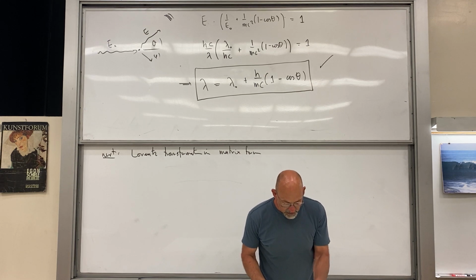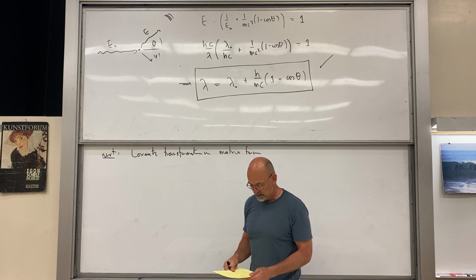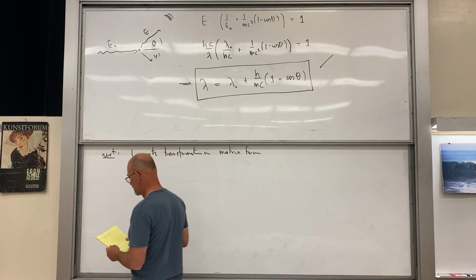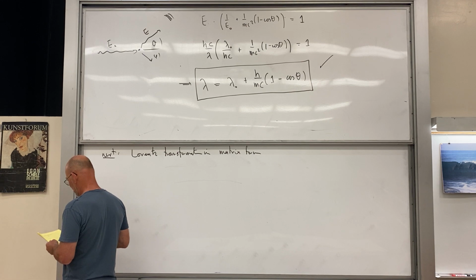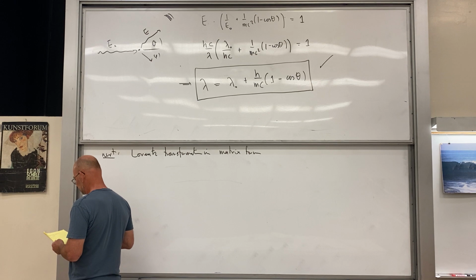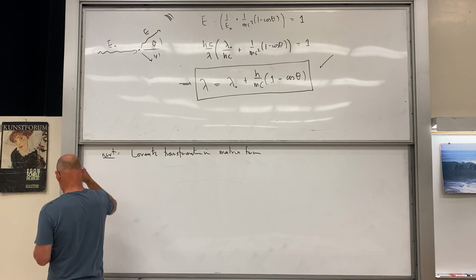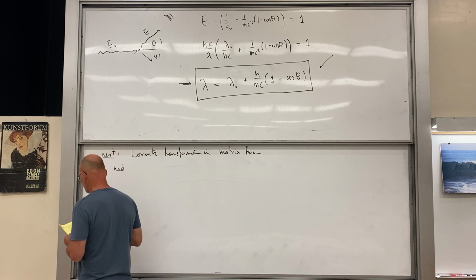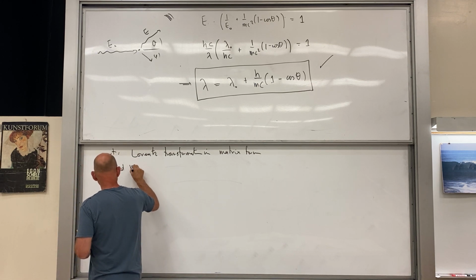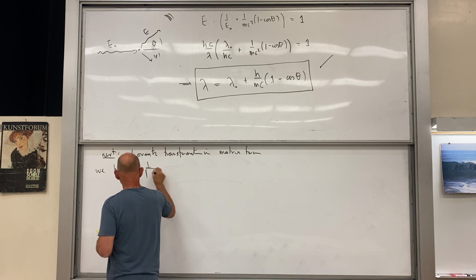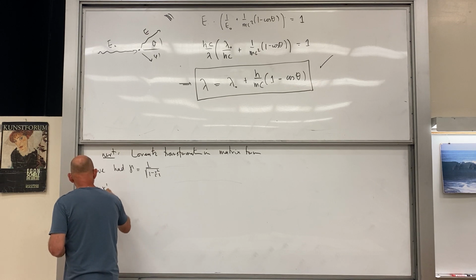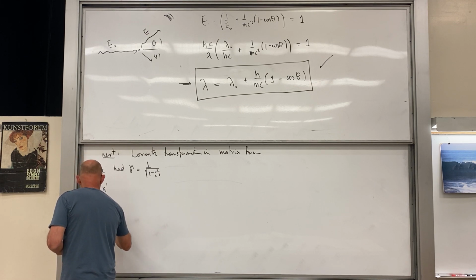And we're going to write things a little bit differently. I'll put down what we had. Gamma was 1 minus v squared over c squared. So we had x prime, y prime, z prime, and t prime.